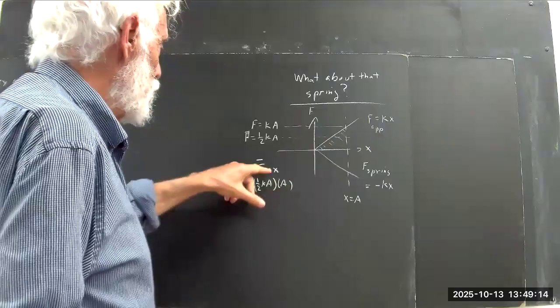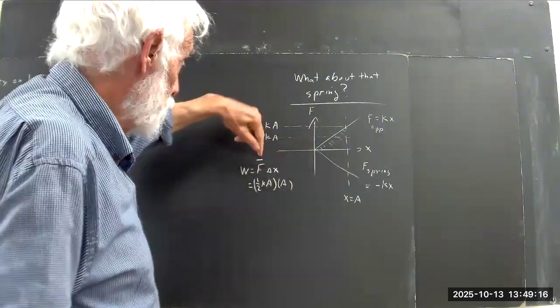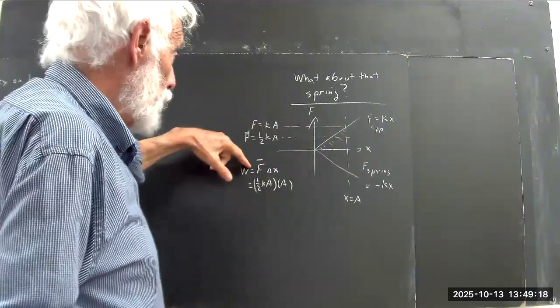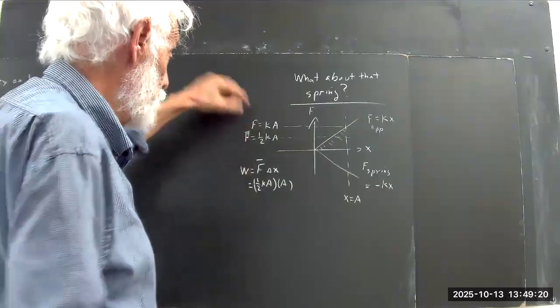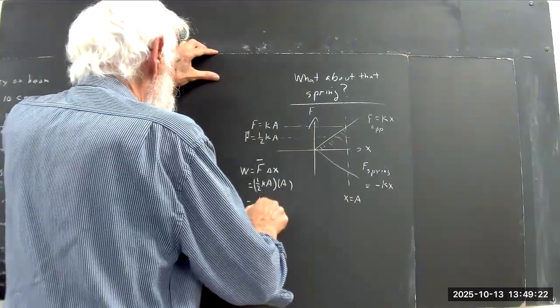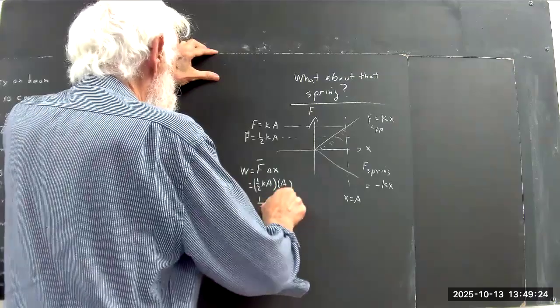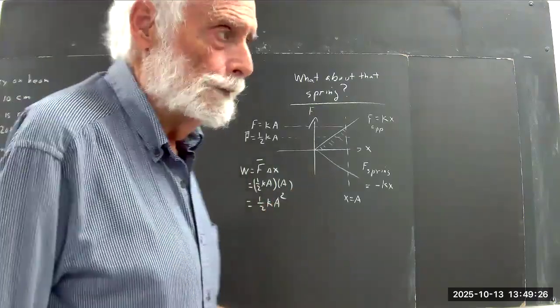Well, delta x is from 0 to A, so delta x is A. Your average force is 1/2 of kA. The work is 1/2 kA squared.